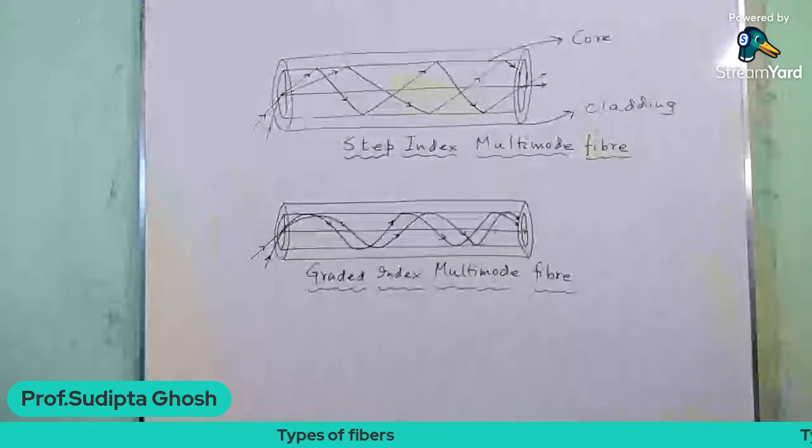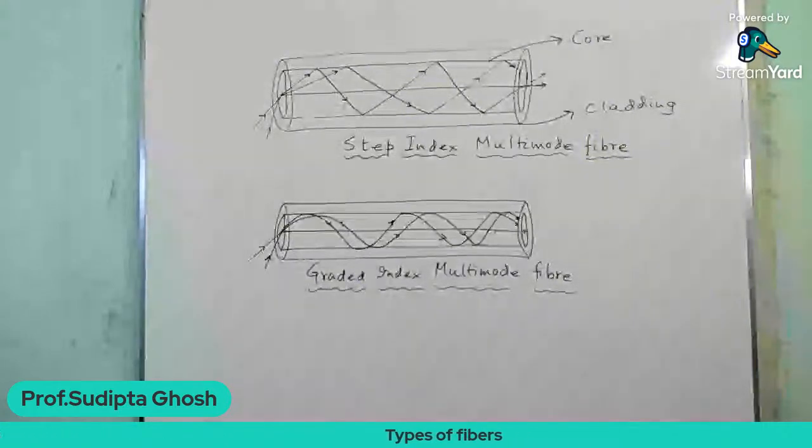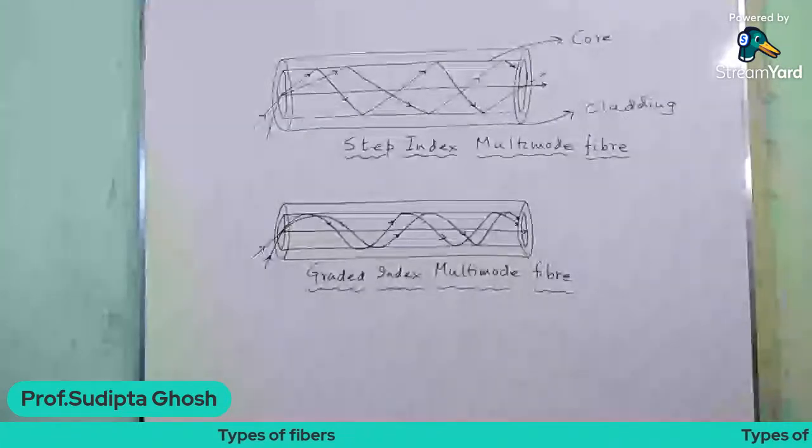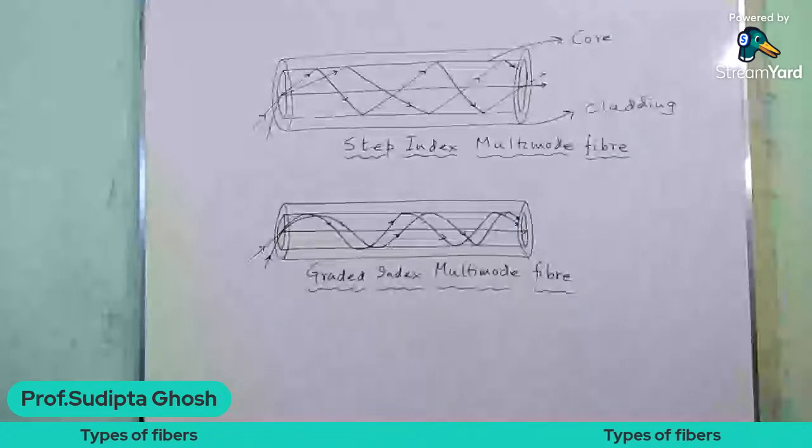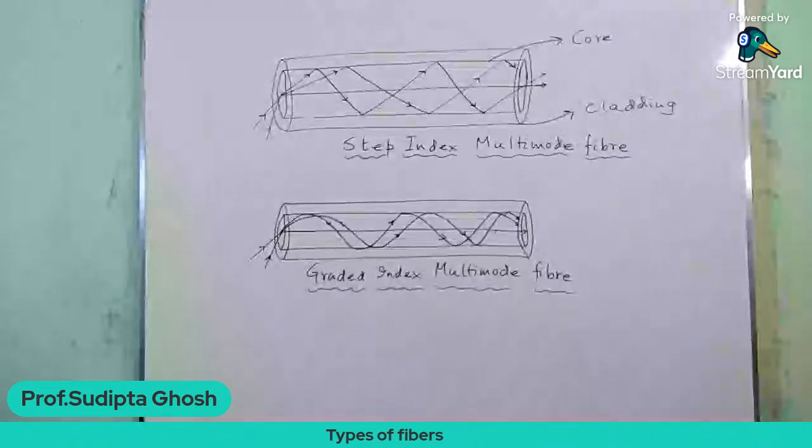But now let us consider two types of optical fibers, because these two types are formed depending upon the refractive index variation, and these are the two pictures shown here. One is the step index fiber and the other is the graded index fiber.